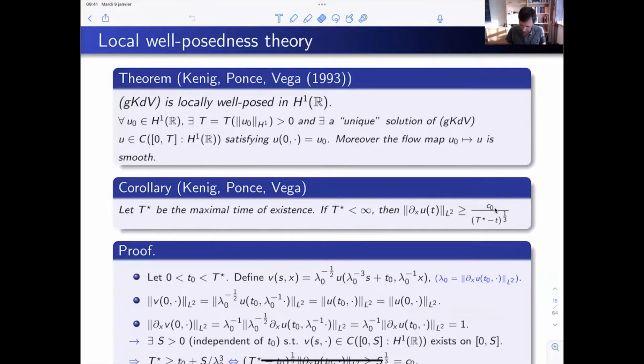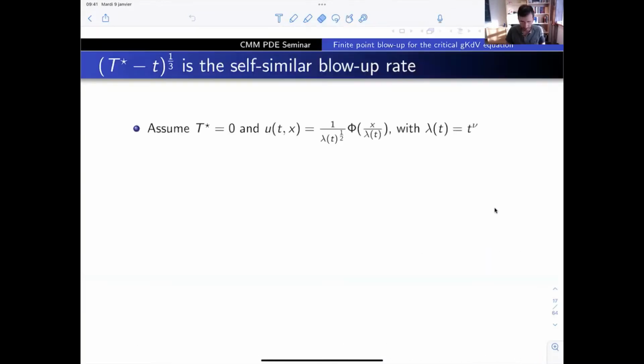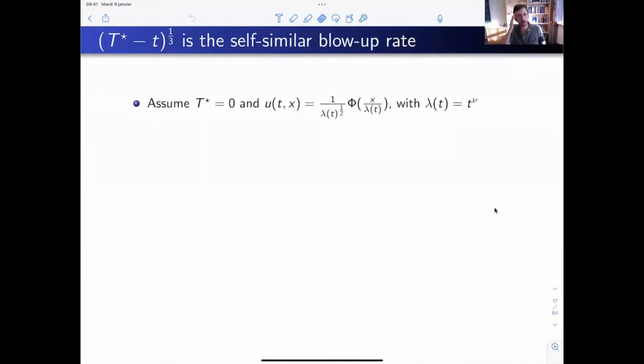Okay, so let me explain why this name of self-similar blow up rate. Here, just to fix the idea, I assume that T star is 0, without loss of generality. And then I just look at a solution like that: 1 over lambda(T) to the 1/2, and some profile phi of X over lambda(T).